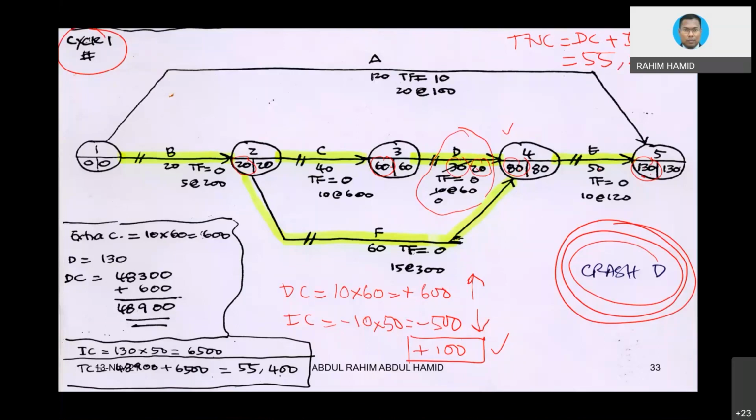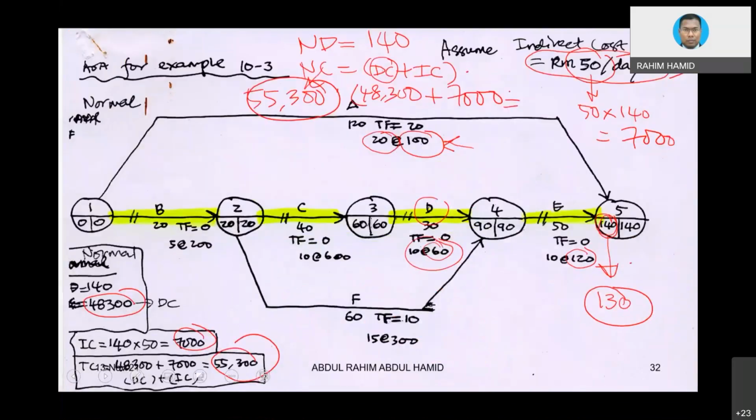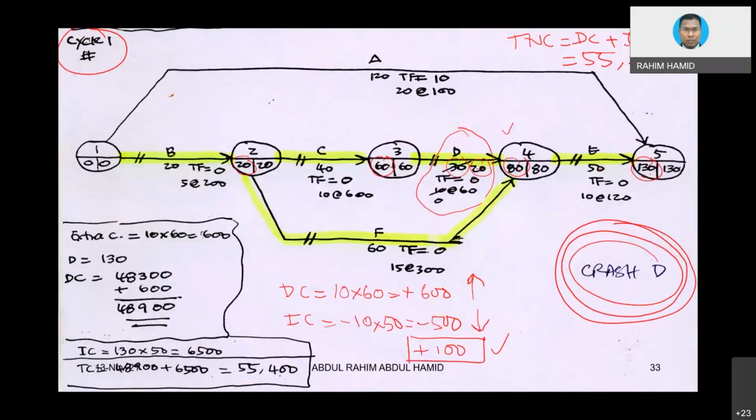So for the new cost, we just add 100 to the 55,300. So we are going to get 55,400. This is what we call total new cost based on 130 days. This is the example.